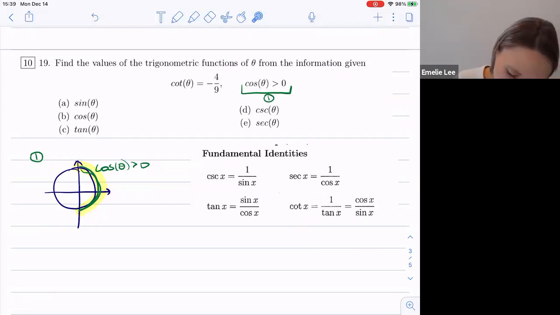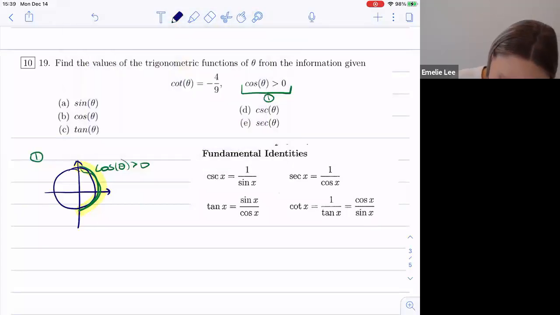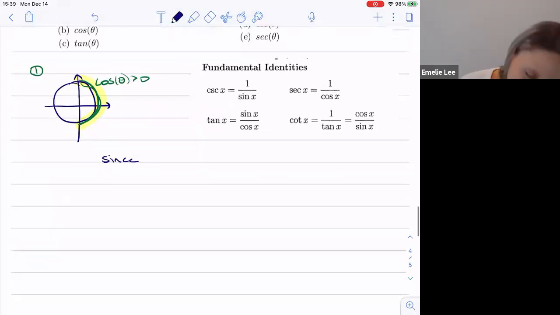Now if I'm told that the cosine of theta is greater than 0, but I have a negative value, that tells me something about the sine of theta, right? It has to be negative. That's the only way I can get a negative out of this thing. I'll do a little bit more of an explanation, just to bring it home.